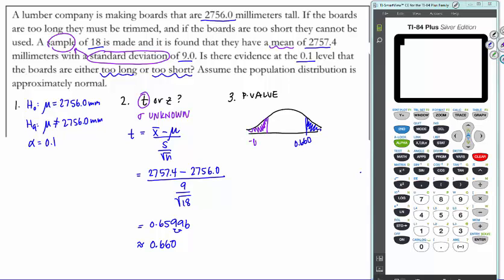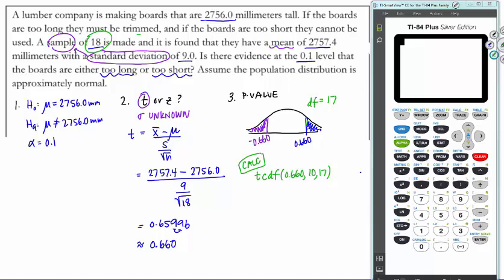So we have the probability that we're less than negative 0.660 or greater than positive 0.660. To use technology for this, we could use the tcdf distribution with a minimum of 0.660, a maximum of 10, and degrees of freedom of how many? Sample size is 18, degrees of freedom is 17.